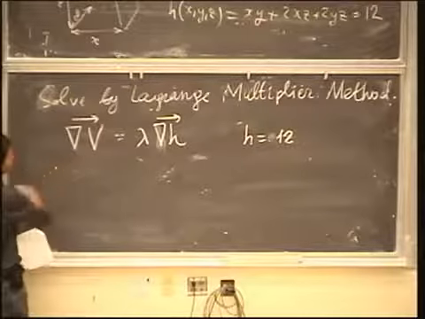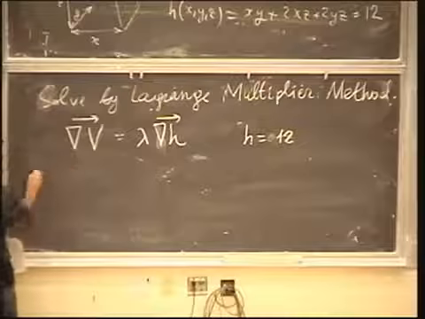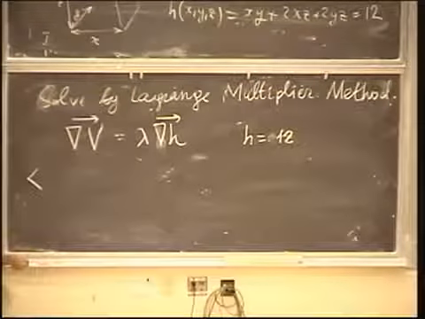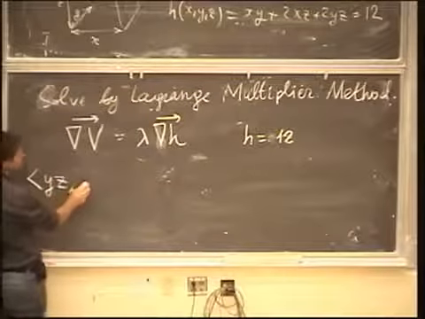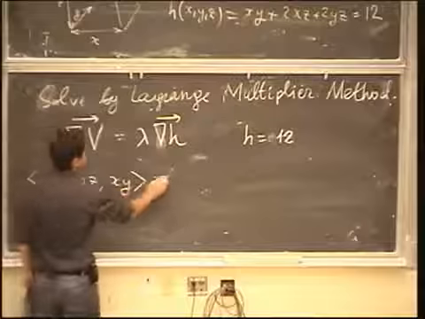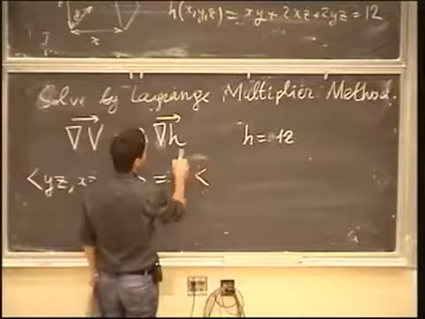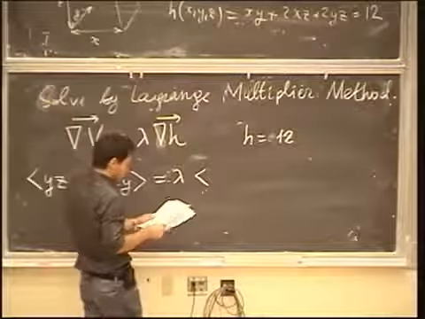So what do these equations look like? Well, nabla v is obtained by taking all partial derivatives of that function. With respect to x, it's yz. With respect to y, it's xz. With respect to z, it's xy. And here we have lambda times the partial derivative of h. And what is the partial derivative of h?